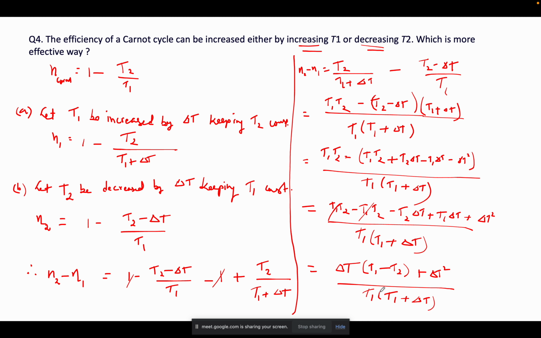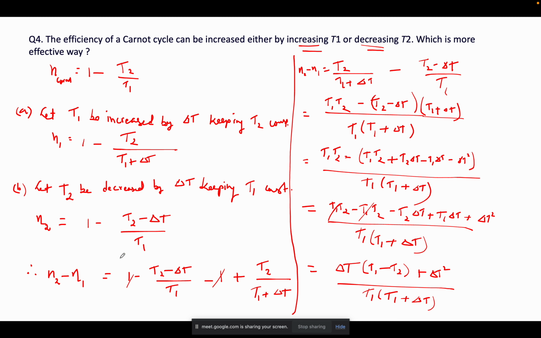Now see, this term is positive, delta T whole square is positive, T1 plus delta T is positive, T1 is positive, delta T is positive. So it will depend on this difference. Now we already know that T1 is greater than T2.